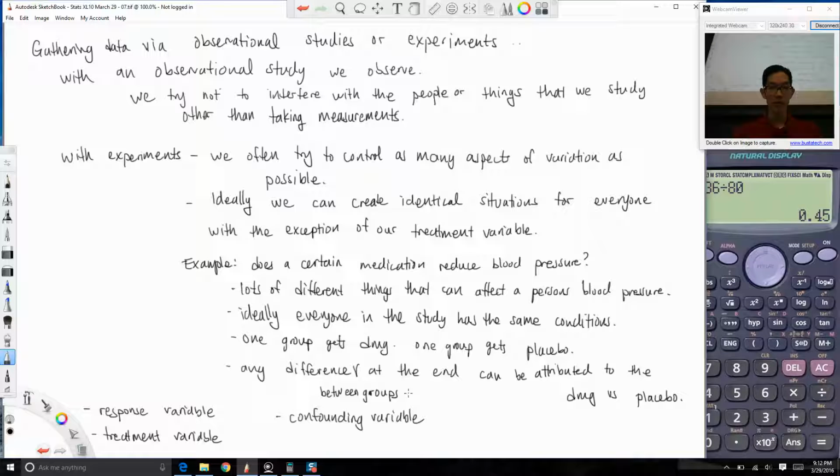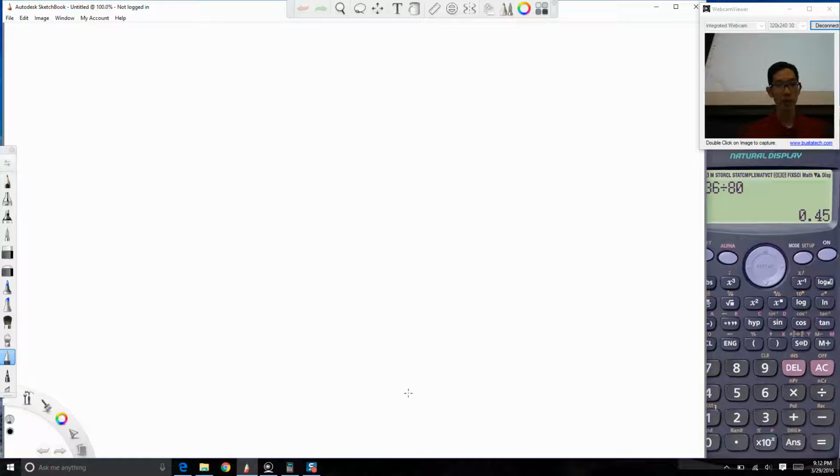Okay, and so the key difference is that at the end of the day, with observational studies, at best, we can say that there's an association between variables or effects.